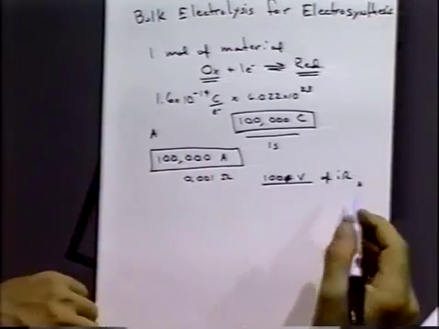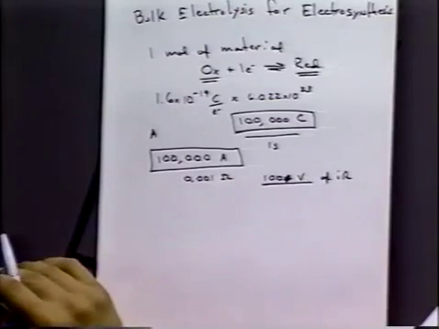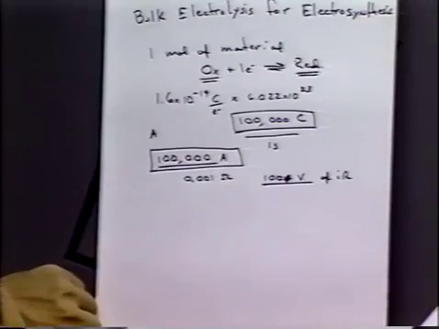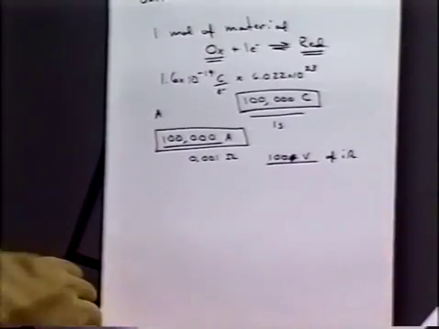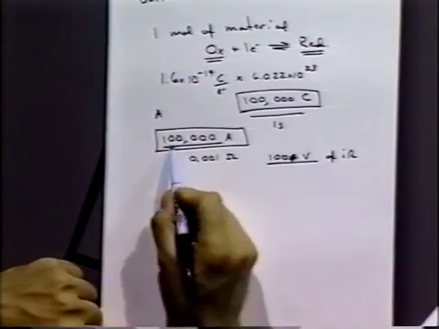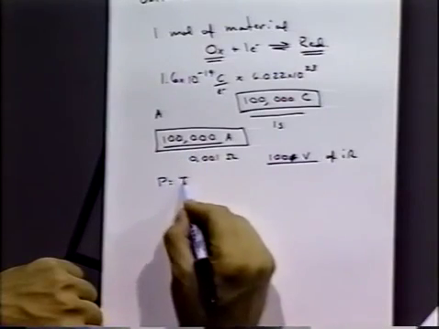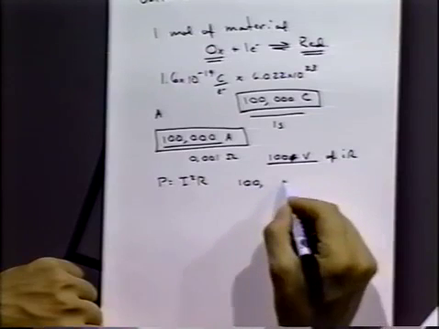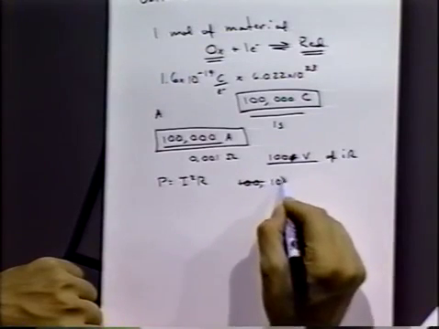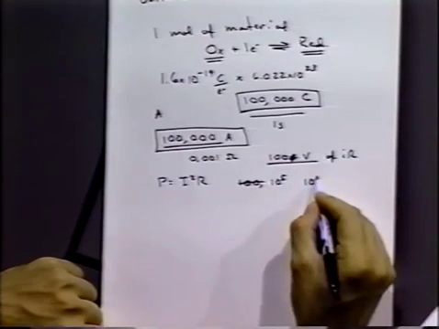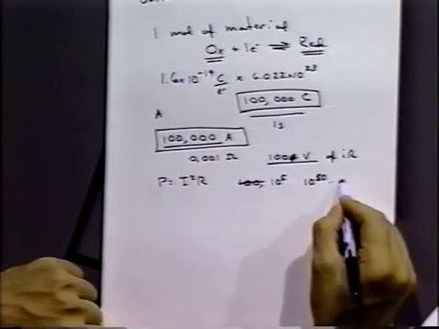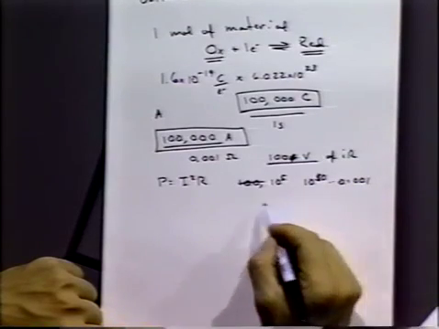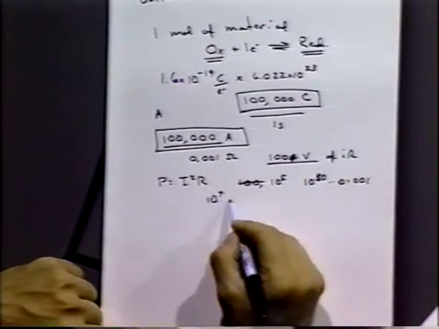At the same time, we're going to be dissipating quite a lot of power. The amount of power dissipated in that circuit in one second would be, power is equal to I squared R. So 100,000 squared, 10 to the 5th squared, or 10 to the 10th, times 0.001, so 10 to the 7th watts.